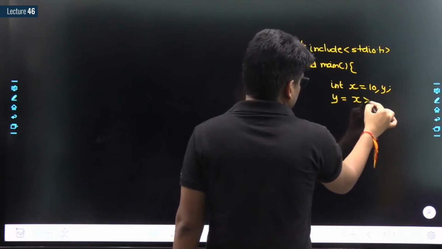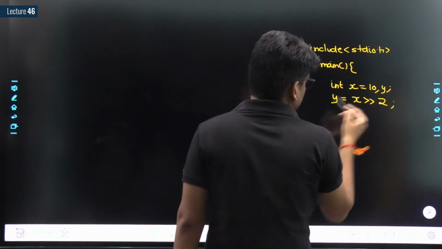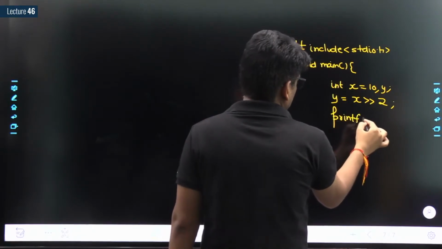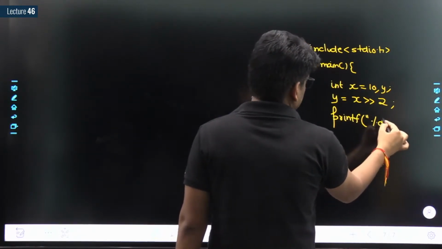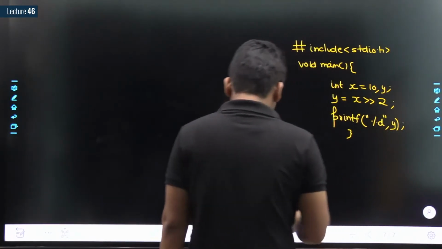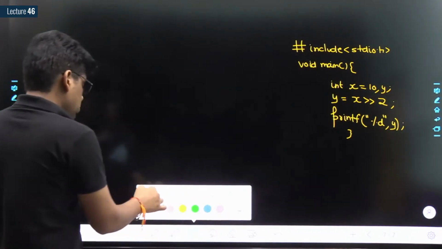Let us right shift x 2 times and print the result. Okay, let us do this.